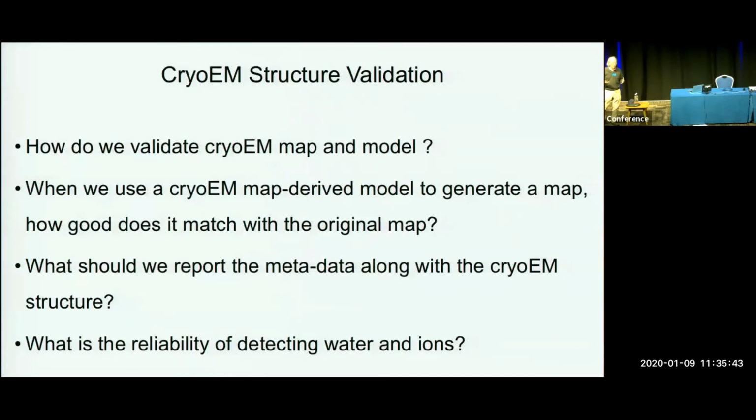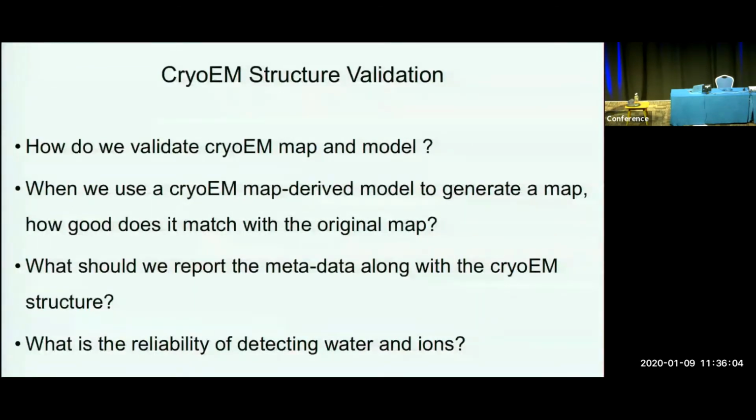That's very important to keep in mind, because I can build a perfect model with perfect geometry, but it doesn't match the map. So it's a very dangerous activity. That's some of the point we made yesterday, that perfect geometry can have nothing to do with reality. So we want to make sure that the data and the model agree.